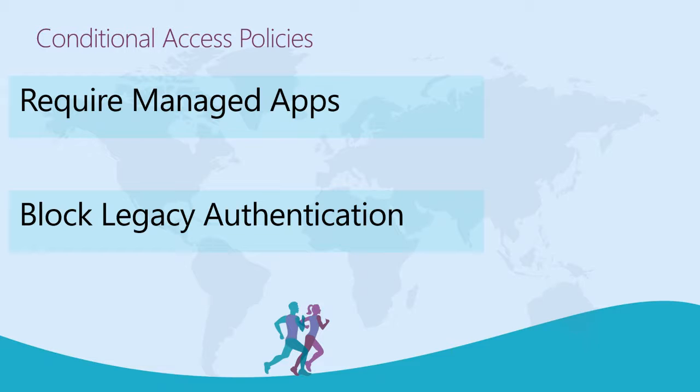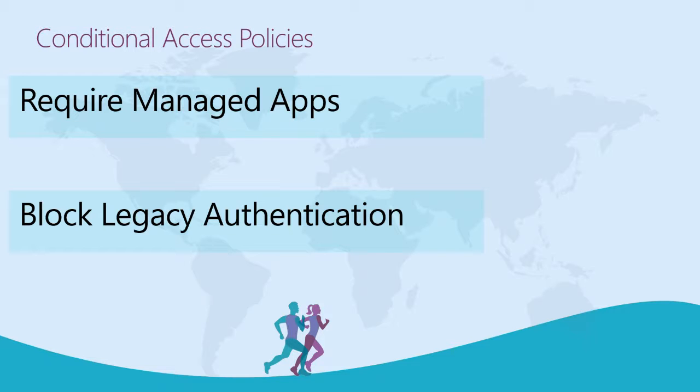The second piece is the identity layer, right? In Azure Active Directory, you can configure conditional access policies, and there are built-in controls available that you can leverage to create conditional access policies that block legacy authentication for your users across the organization.